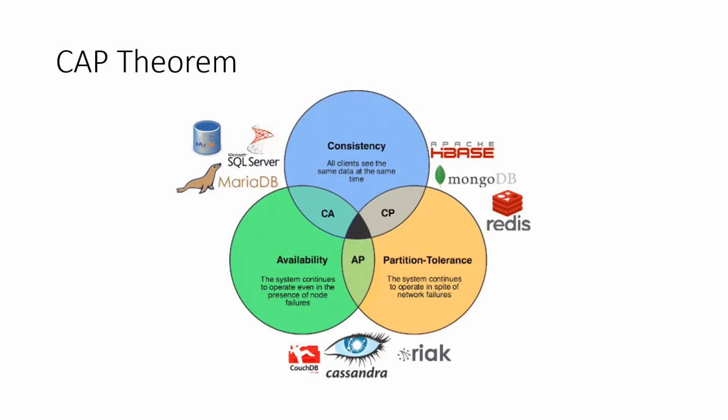Now, in MongoDB, we have a master-slave kind of replication. We designate one as the primary server, and the others as slaves, right?